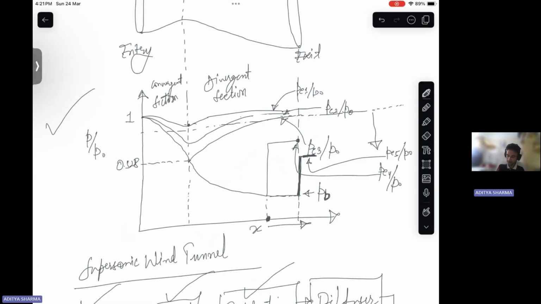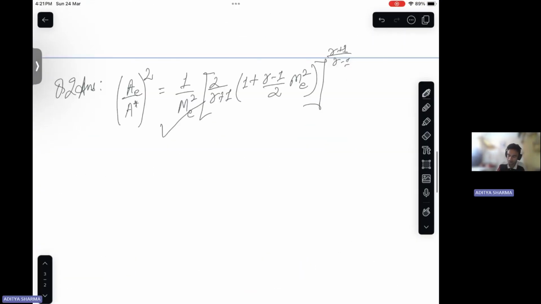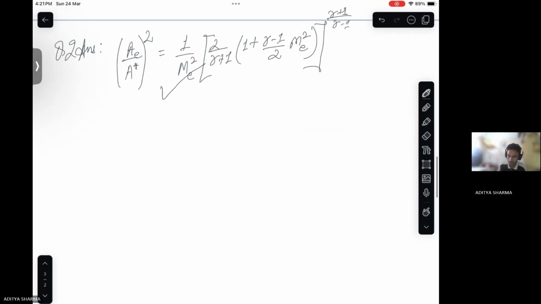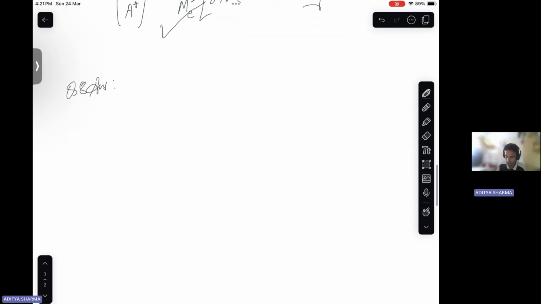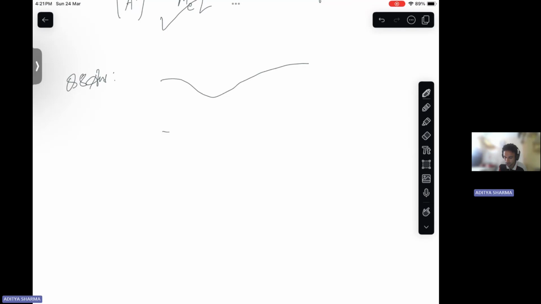So what is an under expanded case? I'm again drawing a nozzle.